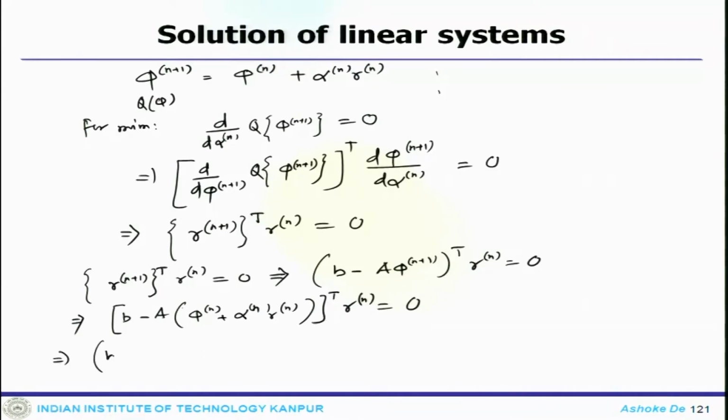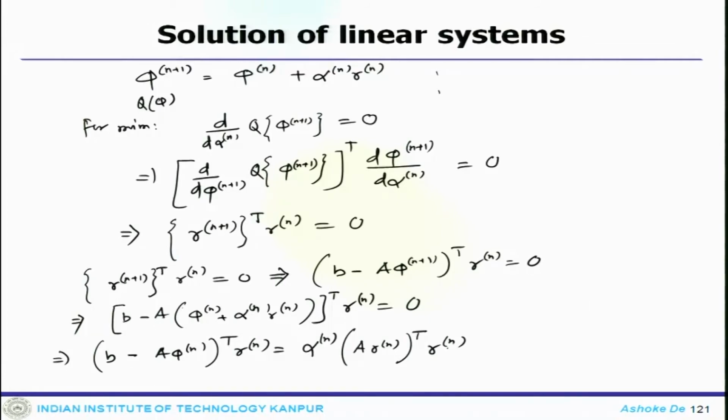Then b minus A phi n, transpose R n, equals alpha n A R n transpose R n.